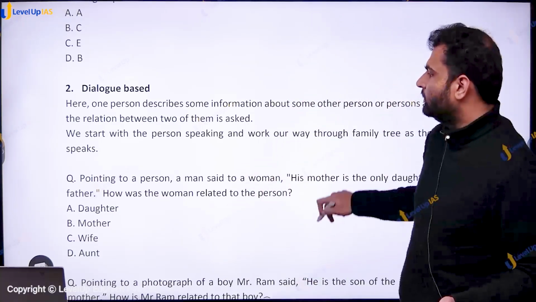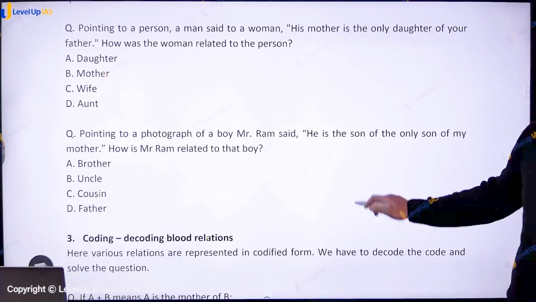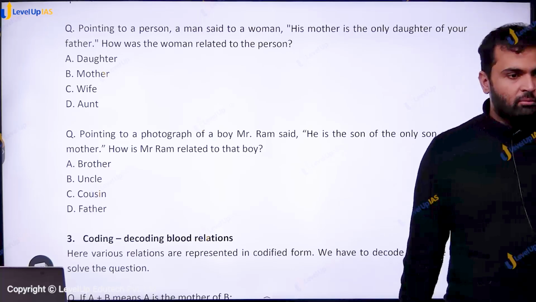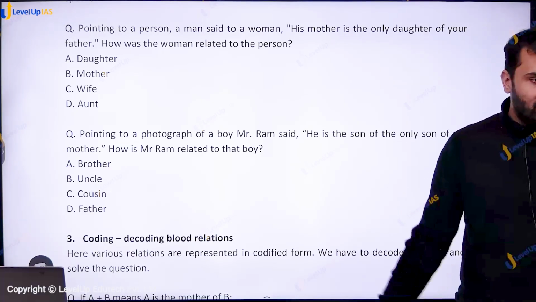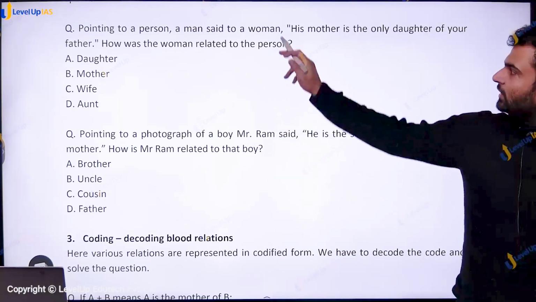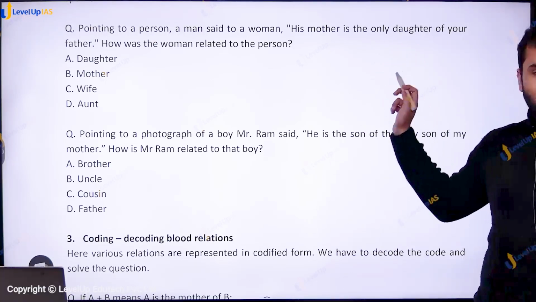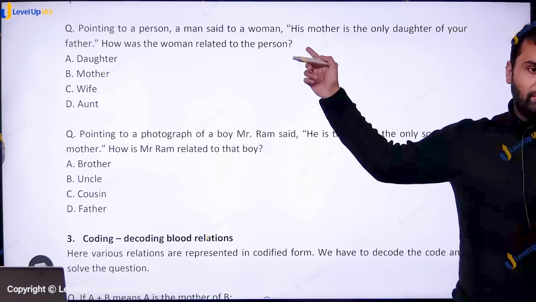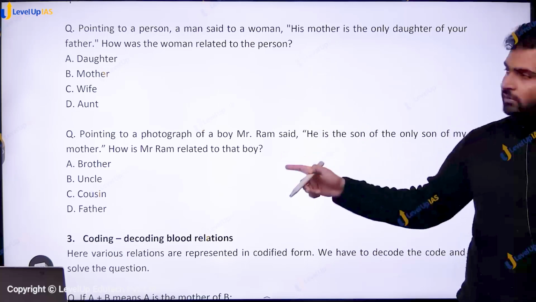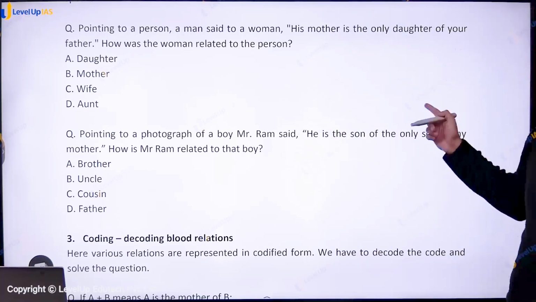For example, question देखो, pointing to a person, we don't know male female, pointing to a person. A man said, his mother, his बोला है, मतलब that gender is revealed now. His mother is the only daughter of your father.